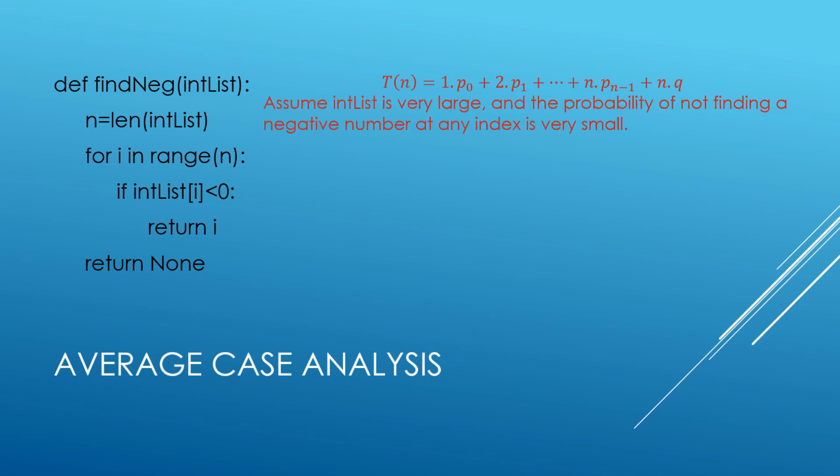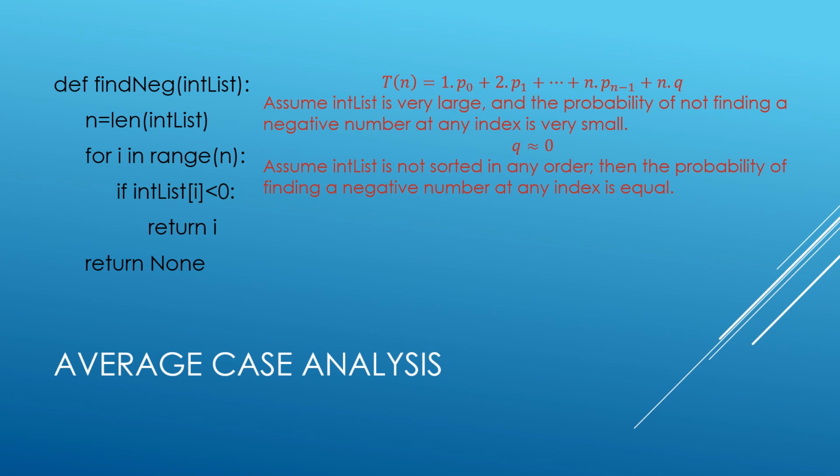Assume that the list is very large and the probability of not finding a negative number at any index is very small. This means that Q is approximately equal to 0. Assume that the list is not sorted in any order. Then the probability of finding a negative number at any index is equal.